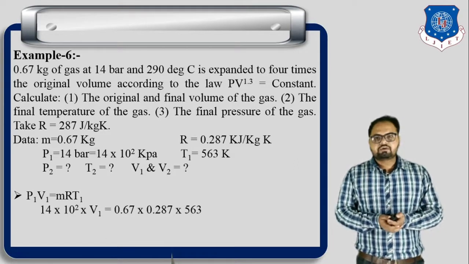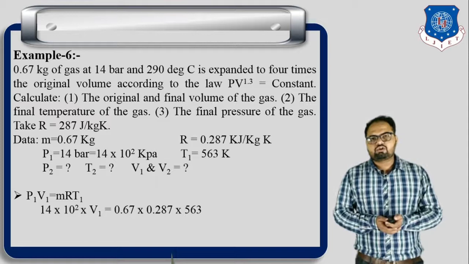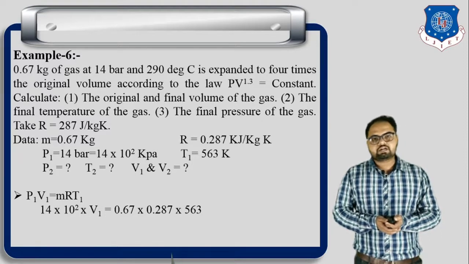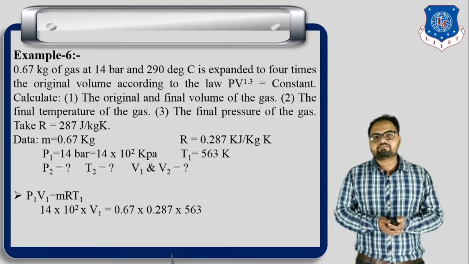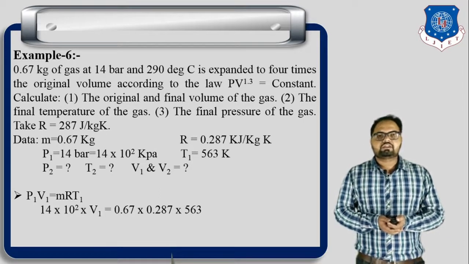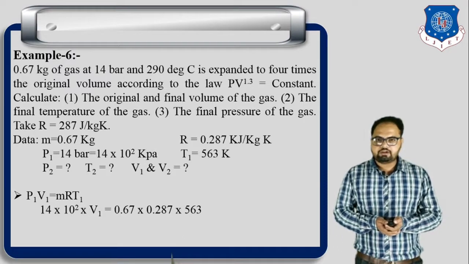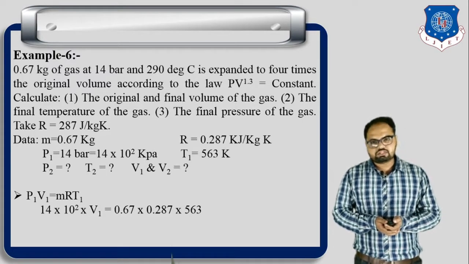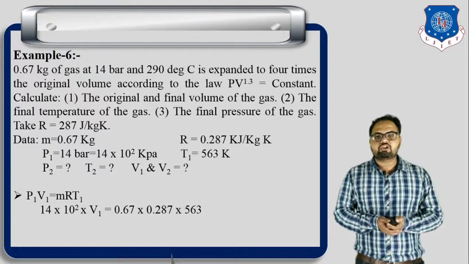So dear students, we need to first find the original and final volume, that is V1 and V2. We already have one condition, that V2 is equal to 4 times V1. So if we find V1, then we can easily calculate V2. The standard equation is P1 V1 is equal to m R T1. By putting all the values in this equation, we get the initial volume V1.